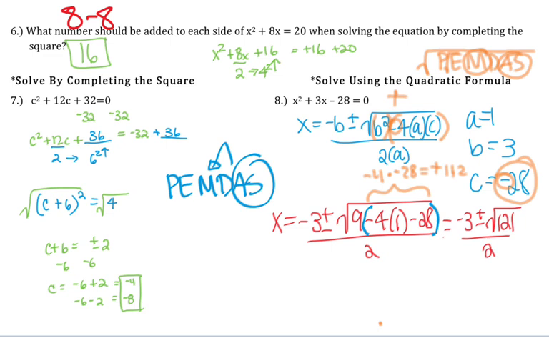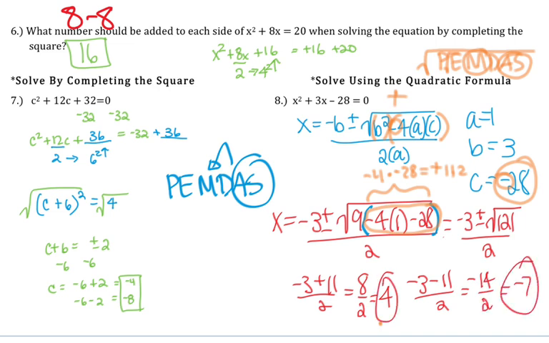And a negative times a negative is a positive. Really got to watch that pre-algebra skill. Then 2 times 1 is 2. That's why we're dividing by 2. So then the square root of 121 is 11. And we get negative 3 plus 11 divided by 2 and negative 3 minus 11 divided by 2, which gives us 8 divided by 2, which is 4, and negative 14 divided by 2, which is negative 7.